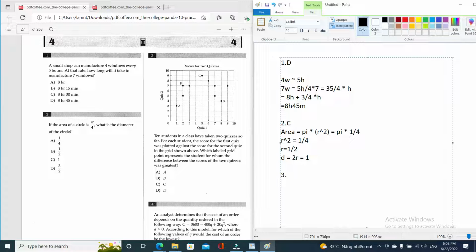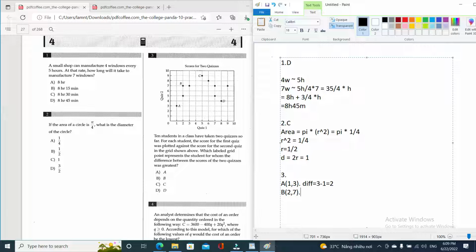Okay, so A is actually 1 and 3. So the difference is 2, right? Because 3 minus 1 is 2. B is actually 2 and 7, because they also have a difference, right?